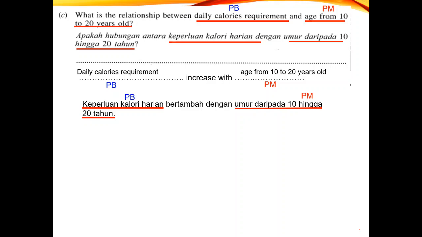If you want to use the word increase with, just now I mentioned already, you need to write the responding variable in front, then followed by manipulated variable at the back. So you can write like this. Daily calorie requirement increase with age from 10 to 20 years old. Ataupun dalam BM, you write down keperluan kalori harian bertambah dengan umur daripada 10 hingga 20 tahun.